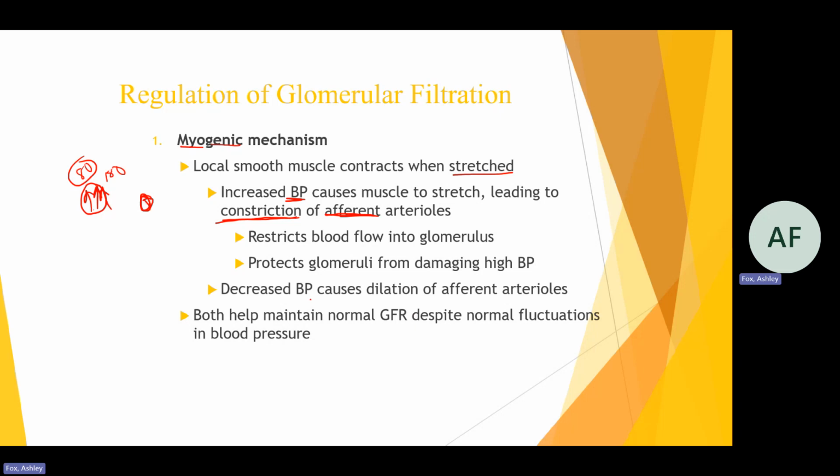The opposite is if decreased blood pressure, you dilate the afferent arterioles because of the same kind of principle. If you have a normal afferent arteriole, blood pressure is coming in and you have blood flow, and then all of a sudden your blood pressure decreases, so it's going to be less blood flow, well, then you're going to increase your diameter because you want to let more in.